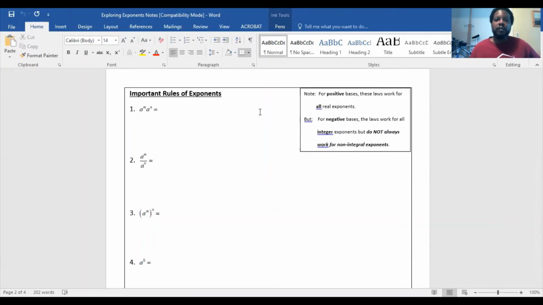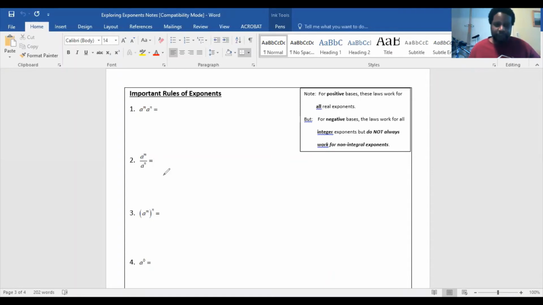Okay, so these are the rules of exponents, also known sometimes as the properties of exponents. And we're just saying how these exponents work. Okay, so if I have the same base, right? And it is being raised to an exponent and then multiplied.